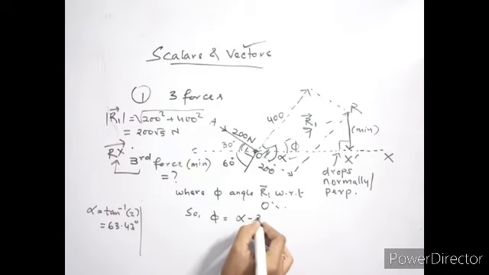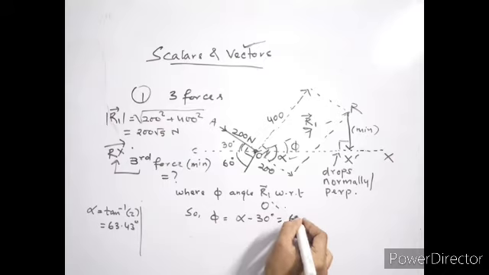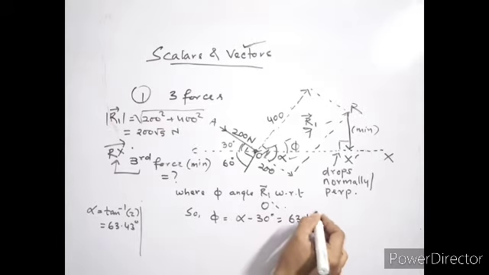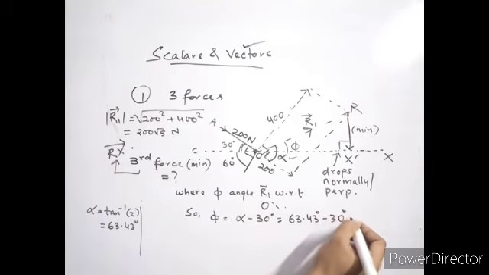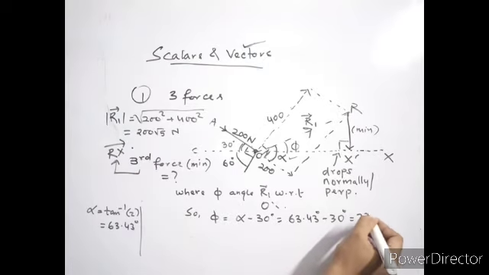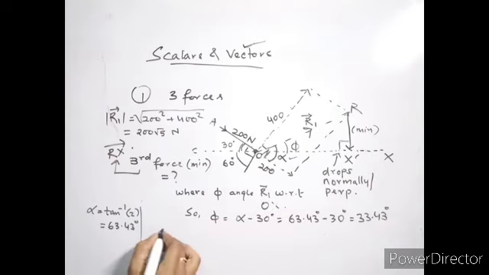You can check from the geometry. So alpha was just obtained to be 63.43, minus 30 degrees, that gives me 33.43 degrees. So this is the value of phi.